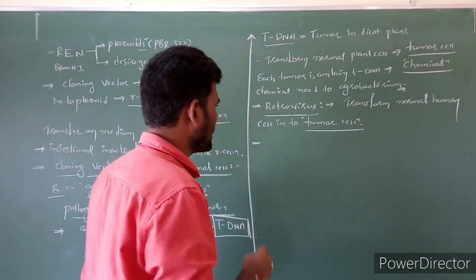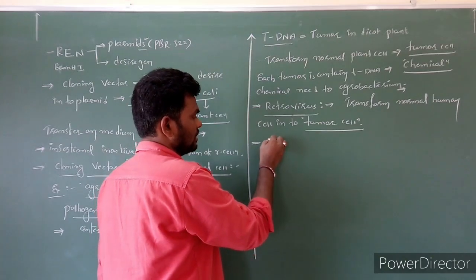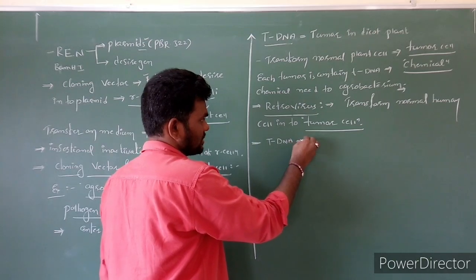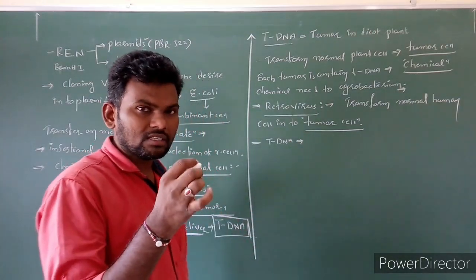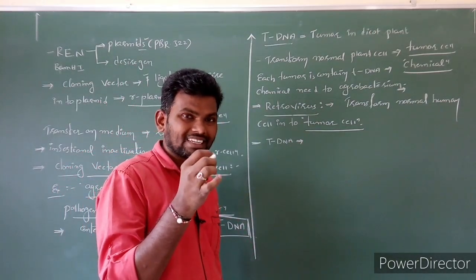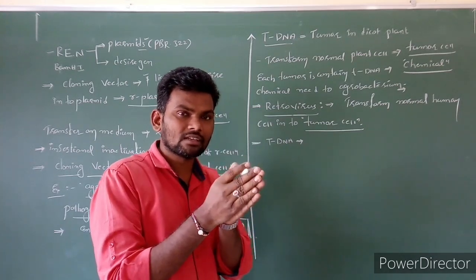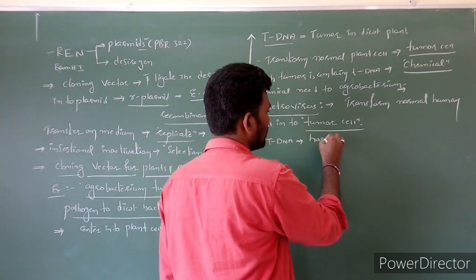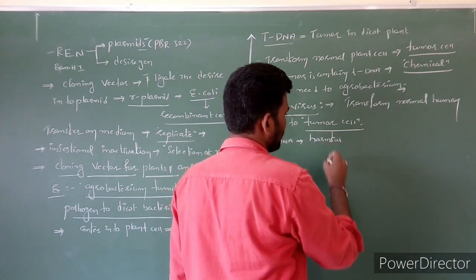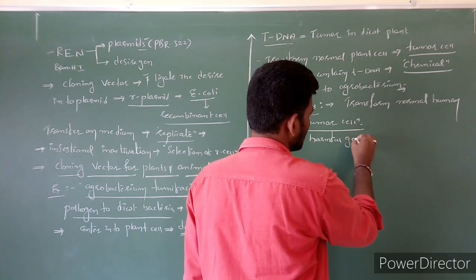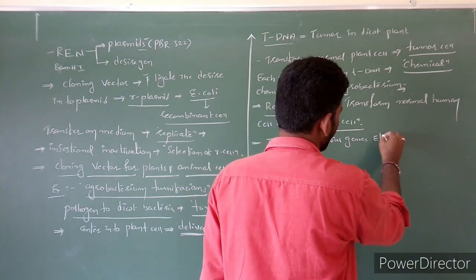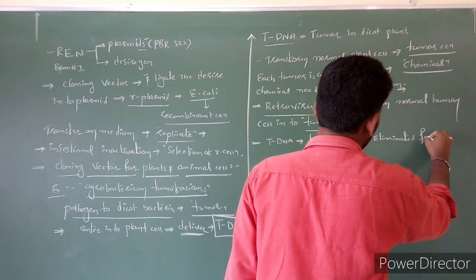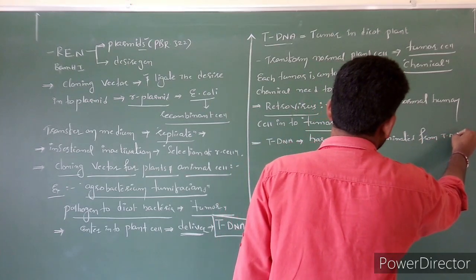So before that, what we have to do? In this tDNA, which has the capacity to cause disease to the plant, such genes are deleted. It means harmful genes are eliminated from tDNA.